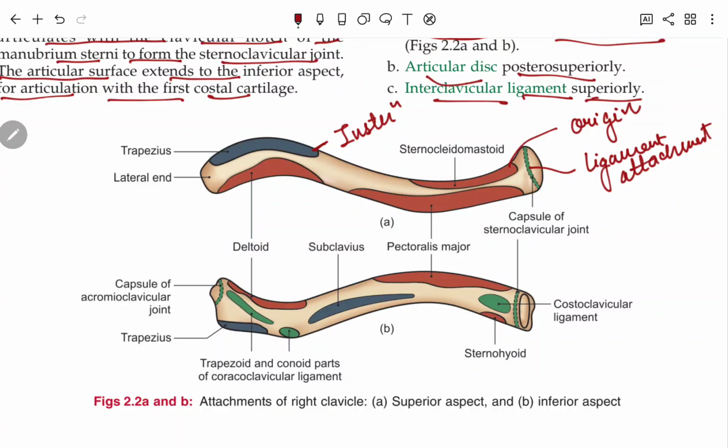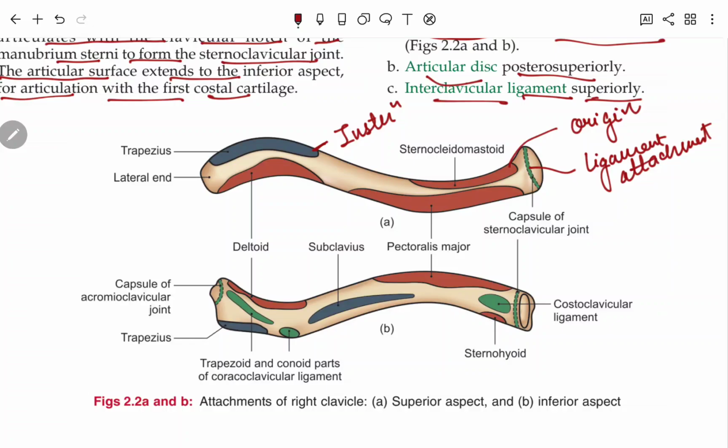Okay, so only muscles have origin and insertion. No ligament has origin or insertion. It only has attachments. But muscles have attachments, which are origin and insertion.